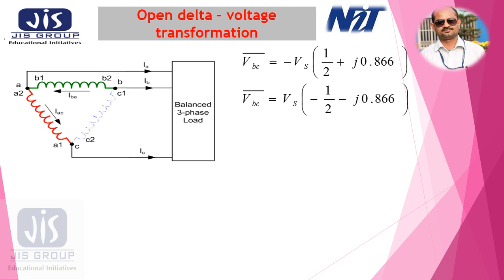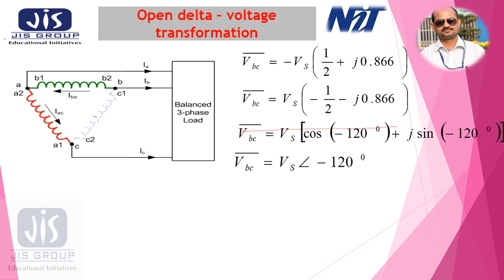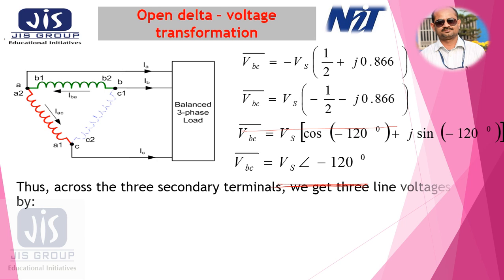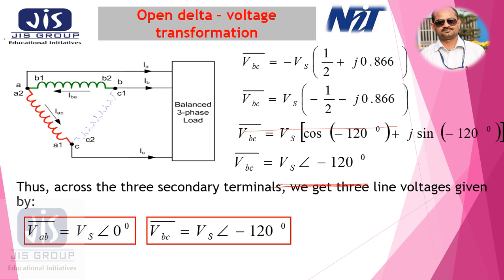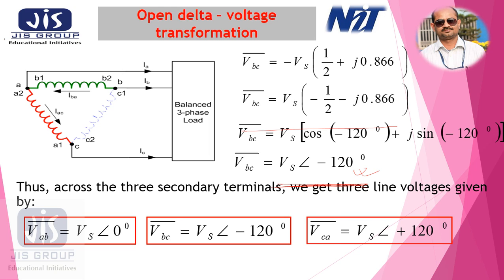Simplify again, so ultimately VBC equals VS angle minus 120 degree. Thus the voltage across the three secondary terminals, what we got: VAB equals VS angle 0 degree, reference, VBC equals VS angle minus 120 degree, and VCA equals VS angle plus 120 degree.